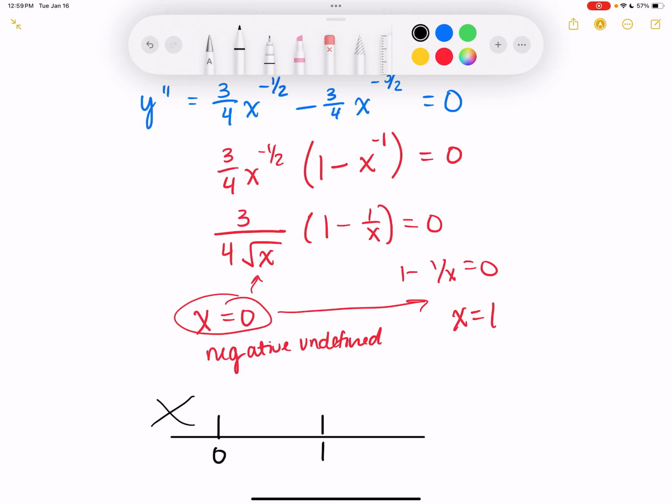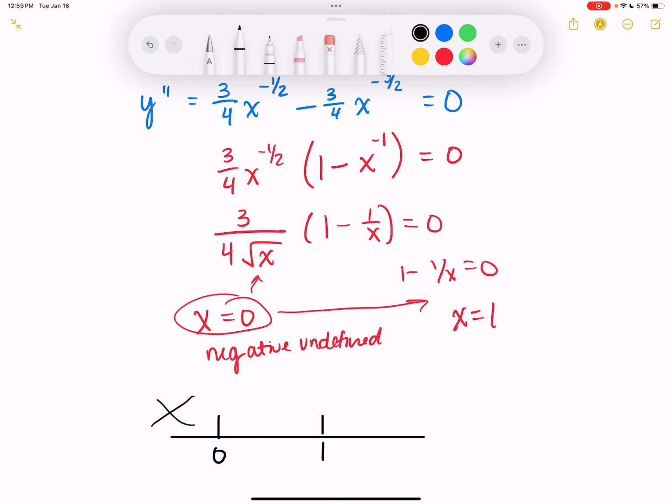It's not even an end cap because we can't have 0. We can get really close to 0, so it's actually going to end up being an asymptote. But I'm still going to look in between because in here, if this changes between these 2 points, then my concavity changes and I'll have a point of inflection.